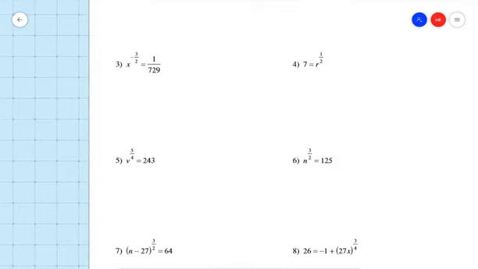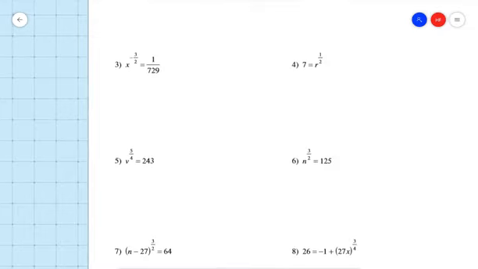Now on number 3, we've got x to the negative 3/2 power equals 1 over 729. So we're going to do the same thing. Since nothing is on the same side as x, we're just going to go ahead and raise that to the reciprocal power, but we have to make sure that we are raising it with the negative on it, because with the negative on there, we're going to be able to get rid of the negative, so we no longer have a negative exponent.